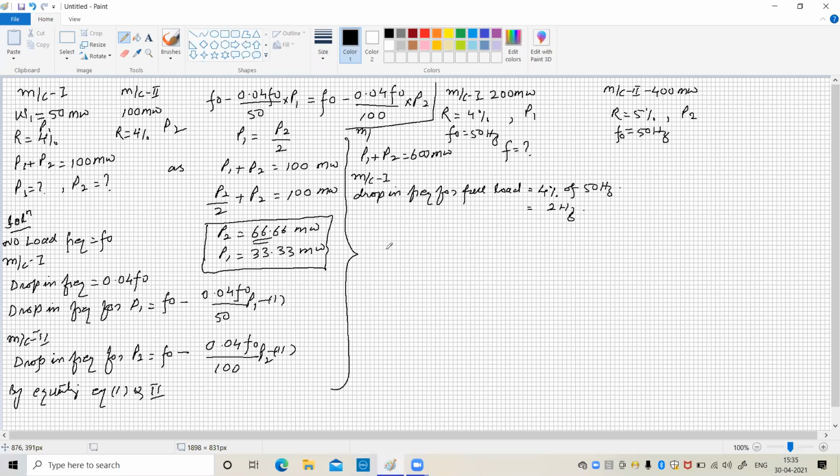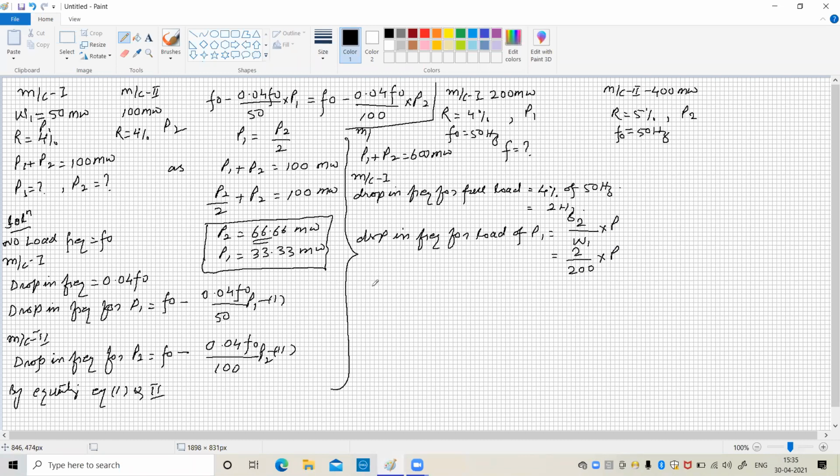So therefore we can find the drop in frequency for a load of P1, which is equal to 2 divided by its rated capacity W1, into P1, which is equal to 2 divided by the capacity of the first generator, 200, multiplied by P1.